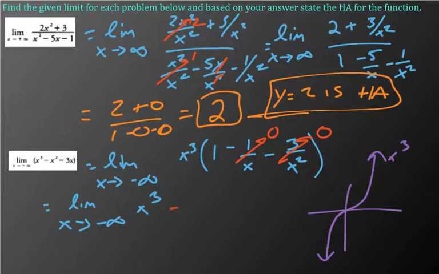So this thing would just approach negative infinity. And since that is basically not a number, there is no horizontal asymptote, which shouldn't be surprising because this is just a cubic, and it doesn't look like this one exactly, but its end behavior is the same as that one. So this thing doesn't have a horizontal asymptote, whereas this one does.